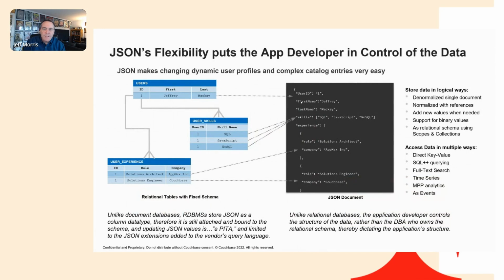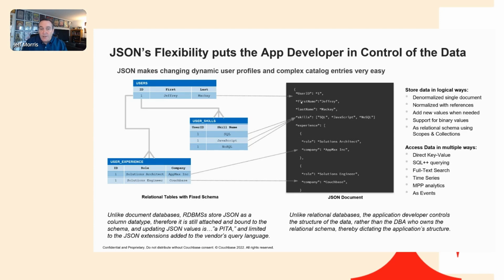So as I mentioned, JSON is awesome for that flexibility, the ability for the developer to control the data structures they're using, not the DBA, not having to ask for schema changes from a relational database. The developer's in control. If you want to add a new attribute, you just do it. If it only goes in one document, that's fine. It doesn't require a massive schema re-rollout.